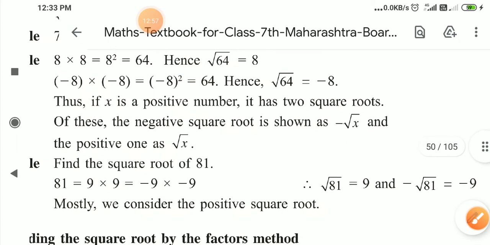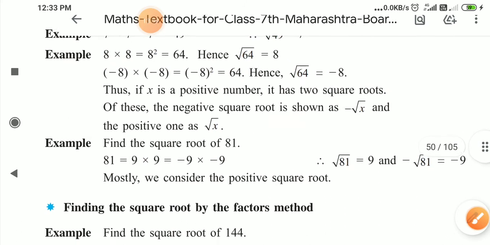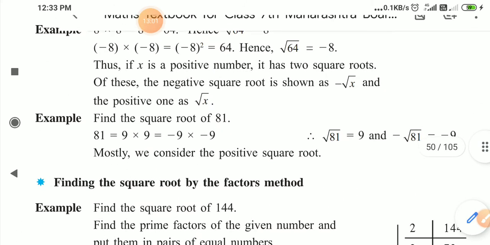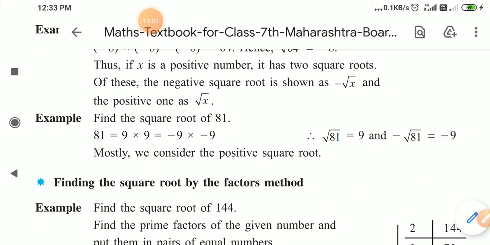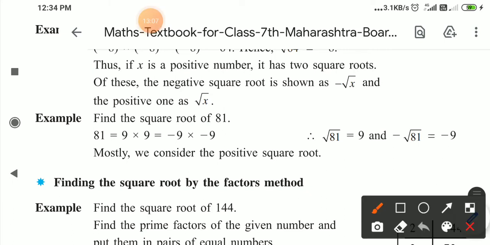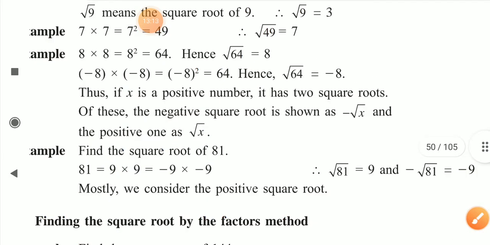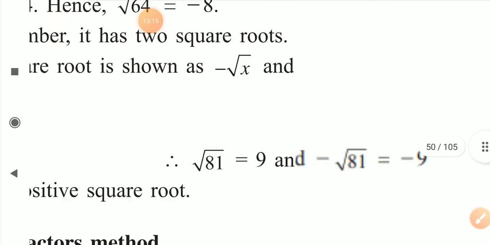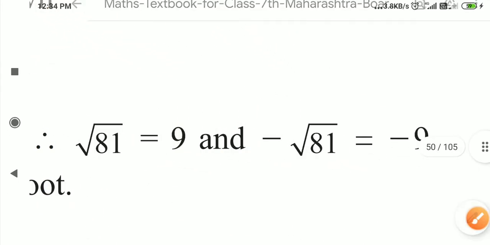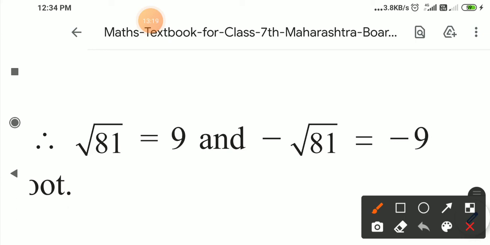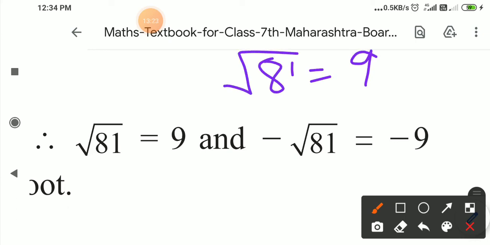Just now I told you, sometimes the plus or minus number square root is the same. But if you see this example, where we are finding minus 8 square, and if 81 is there under root, the square root is 9 and also minus 9.